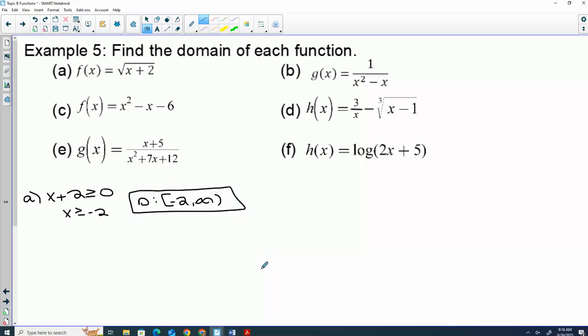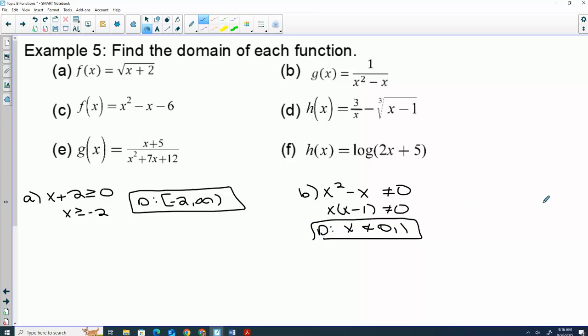Does that make sense? B, it's a fraction, so all we care about is the denominator. So x squared minus x can't be 0. I would factor that, so you could take out an x, so x times x minus 1 can't be 0. So what can x not be? Last year I did let you leave it like that if there were multiple values it couldn't be.